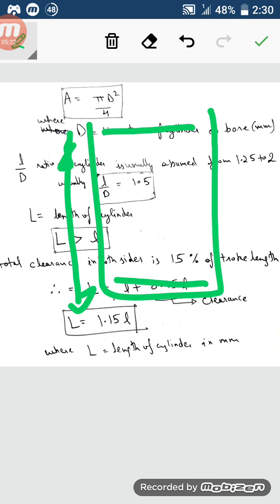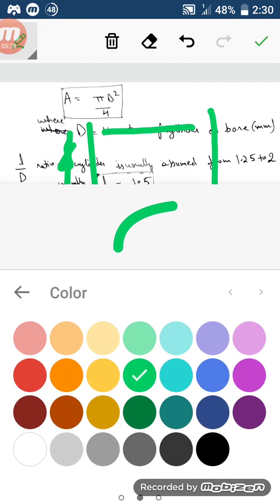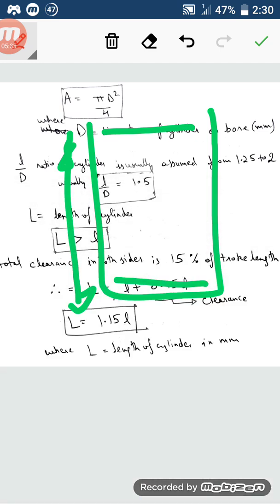See, the piston will move from this point till this point, and this gap is the clearance. The piston will move till the red line.